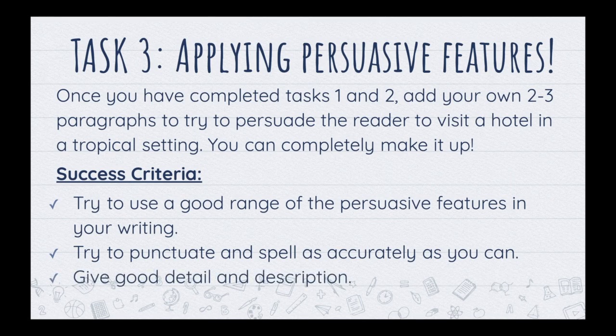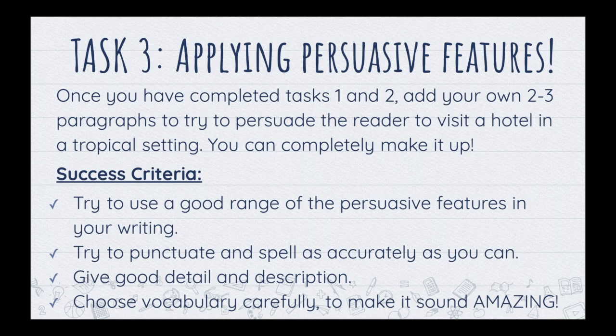Okay, so the next thing is to give a really good range of detail and description. Really try and describe this gorgeous place that you want your readers to visit. Give loads of good details. And then finally, this is a really important thing to do as well. Choose your vocabulary very carefully to try and make it sound amazing.